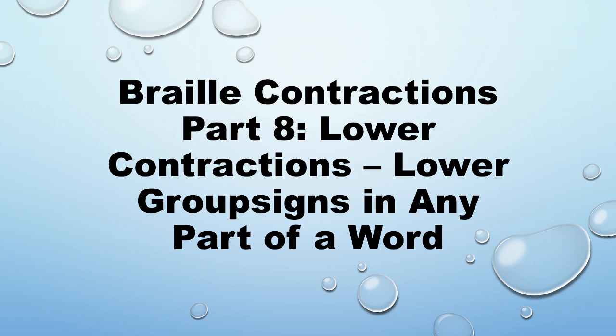And recently, I also uploaded another video on lower group signs that can be used in the middle of a word. So if you'd like to check those previous videos, kindly check my playlist on Braille.